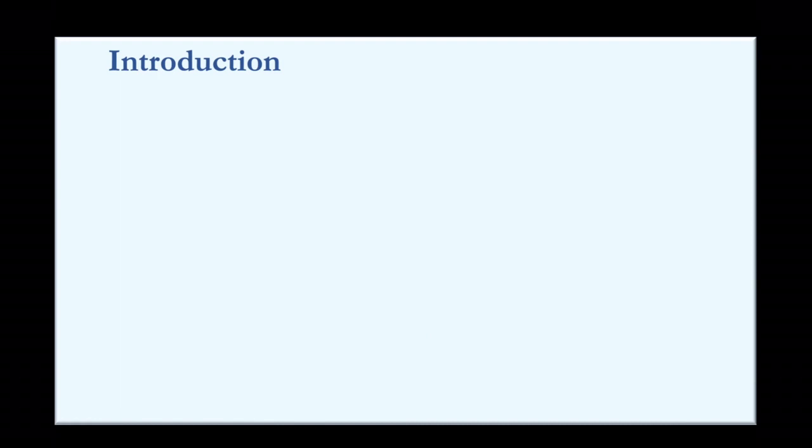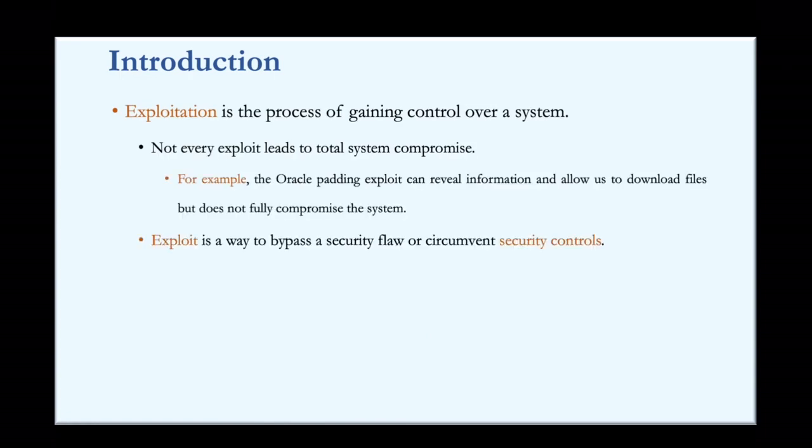An exploit is a way to bypass a security flaw or circumvent security controls. The end goal of exploitation is to get administrative level access to the target system, or administrative level access to the computer.